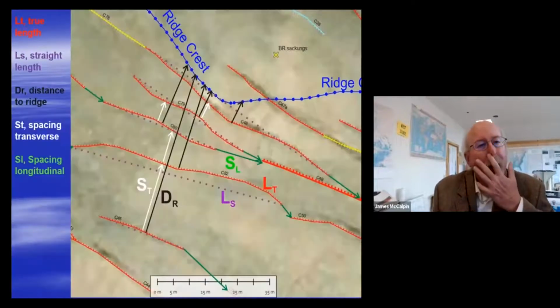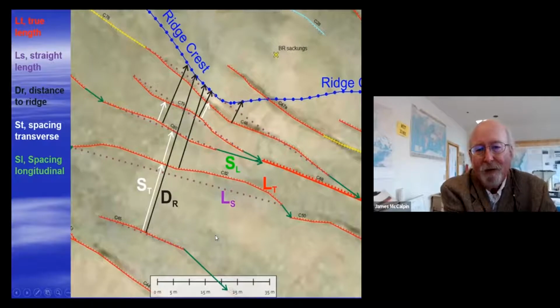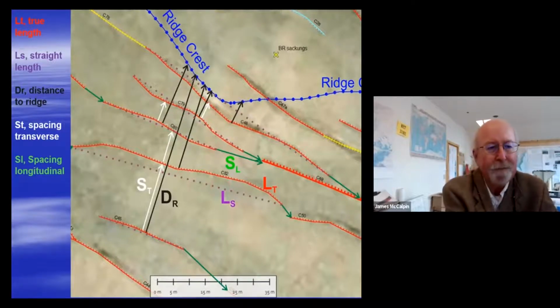So here are a couple of the geometric parameters I decided to measure. The true length, which is LT here, is the actual length of the polyline. The straight length is just the straight line length between the two endpoints. The distance to the ridge, these black lines, is like the distance of a distributed coseismic fault from the principal fault.